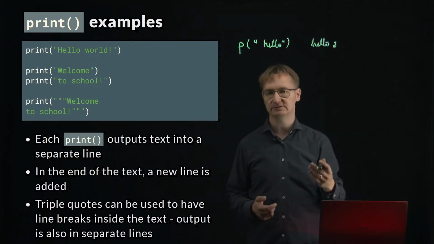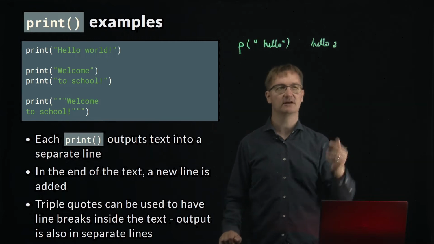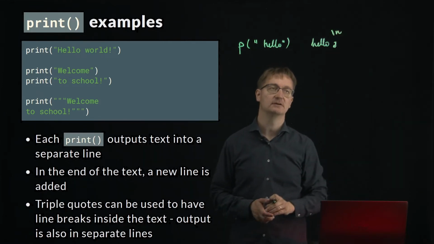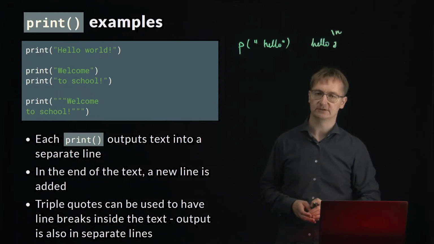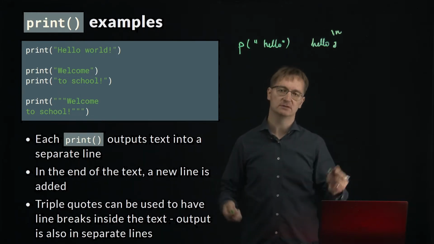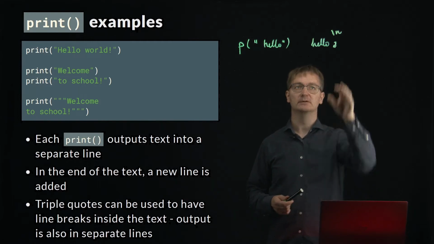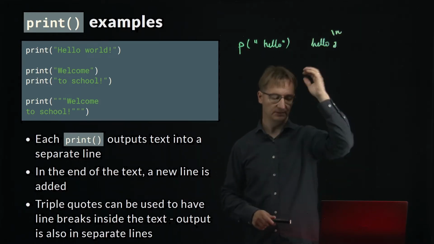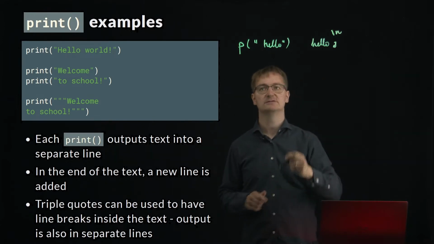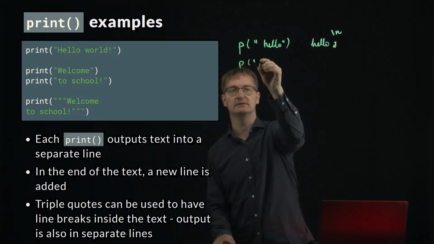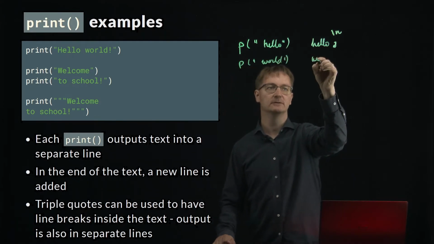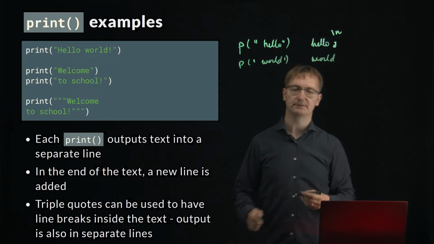The computer somehow has to know that there is a line break, and the \n is used for that. In certain cases we will also show how to use this symbol. But basically what you have to know is that if I have print hello and print world, the world will be on a separate line.